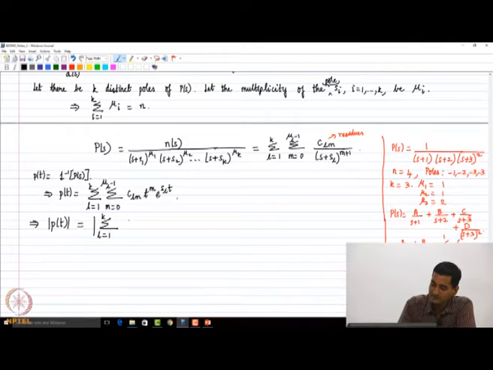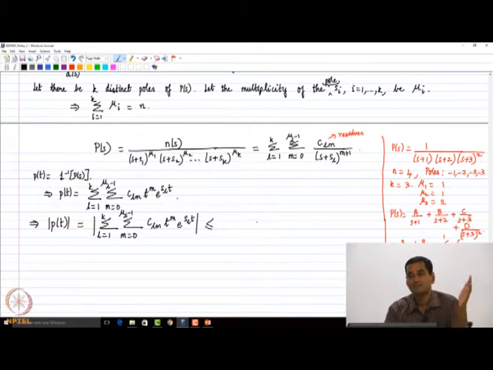Now, once I get this, the magnitude of p of t is going to be equal to the magnitude of summation l going from 1 to k, m going from 0 to mu l minus 1, c_lm t power m e power s_l t. Once again we use the triangle inequality. The absolute value of a sum of numbers is less than or equal to the sum of the individual absolute values.